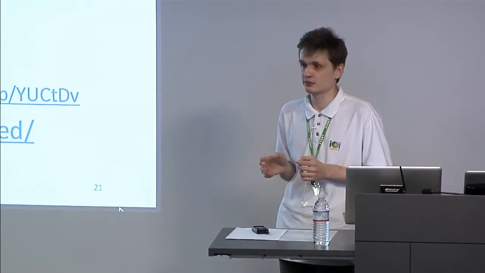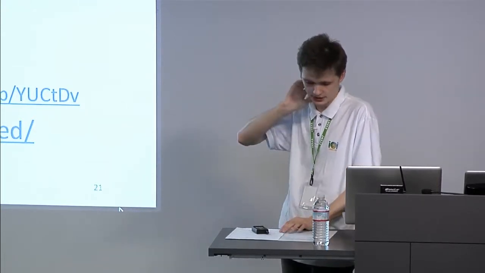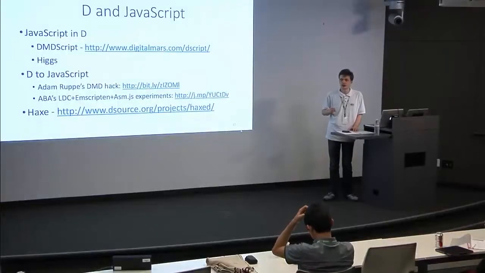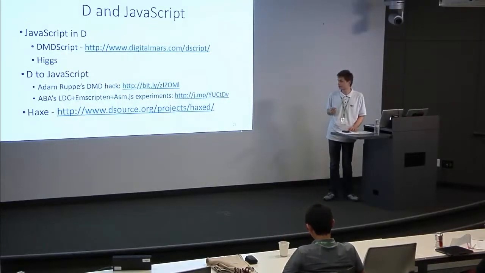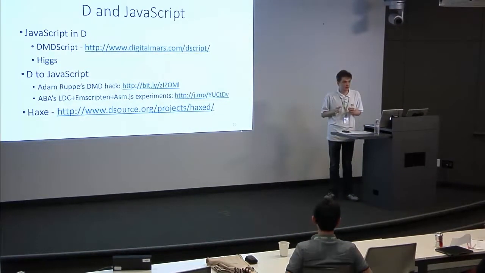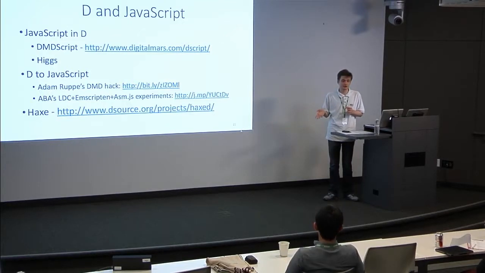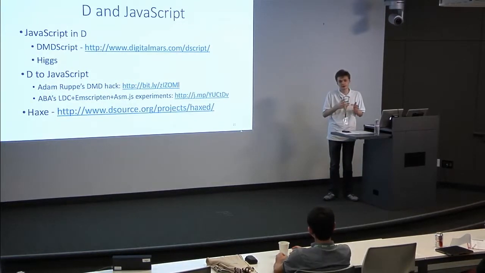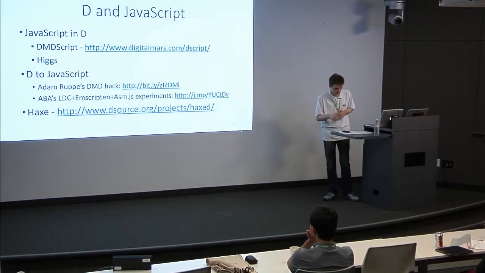So it translates to PHP, to JavaScript, to ActionScript, to a lot of languages. And Nick actually got it to emit D code. So you could write your logic, for example, in Haxe, translate it to D code, include it in your D program, and then translate it to JavaScript and include it with your JavaScript source code.